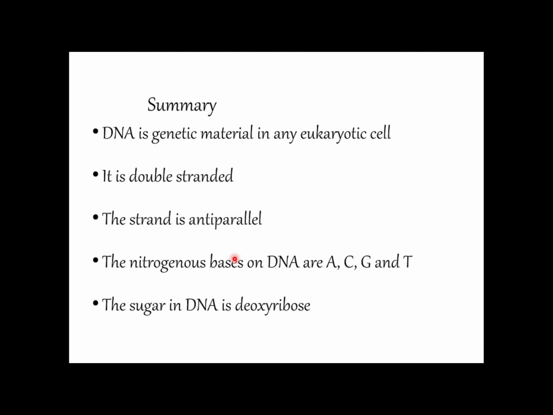As a summary, DNA is the genetic material in any eukaryotic cell. Mind you, it is a material that stores information and transmits that information from parent to offspring. So it is a genetic material.